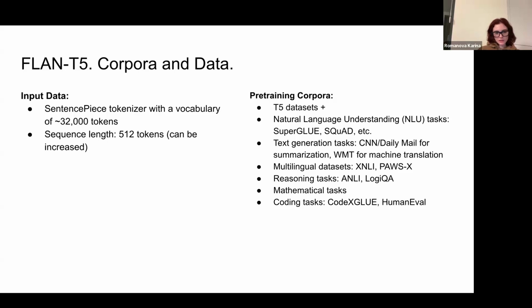Also, there were reasoning tasks. Examples include the NLI dataset and LogiQA, preparing the model for complex logical reasoning, and coding tasks, including CodeXGLUE and HumanEval, equipping the model to generate and evaluate code.